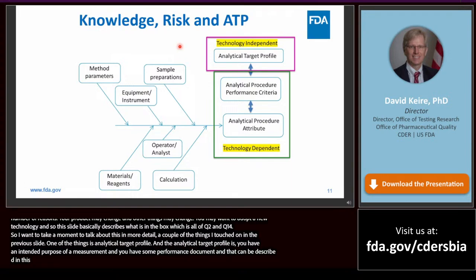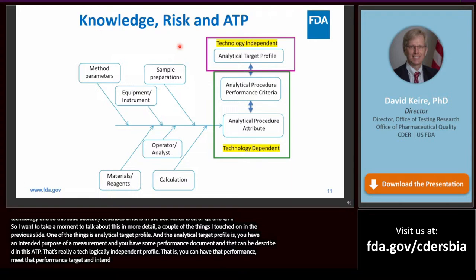And that's really a technologically independent profile. You can meet that performance target and intended purpose by more than one technology, more than one analytical procedure.